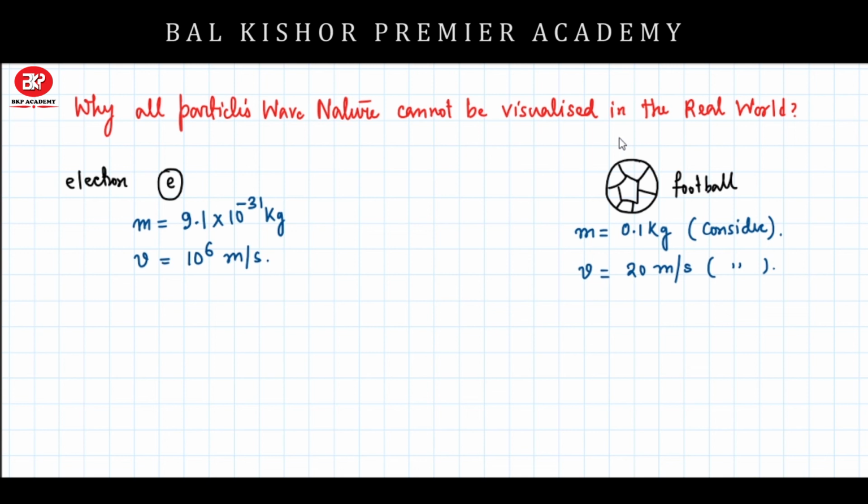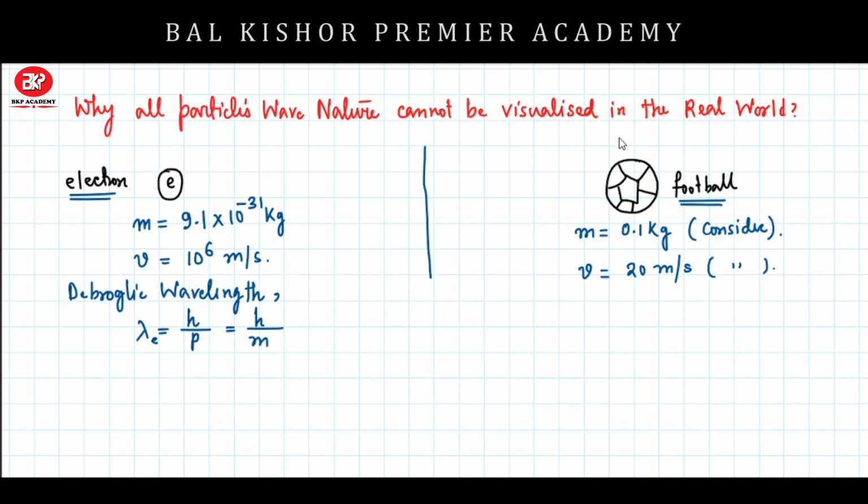There are two cases: the first case where the electron is moving, and the second case where the football is moving. We cannot view the wave nature of the football, but we can view the wave nature of the electron. This is the question: why can the wave nature of all particles not be visualized in the real world? According to the wave particle duality, the de Broglie wavelength of the electron, which I am denoting as lambda E, will be h by p, or h by m into v.